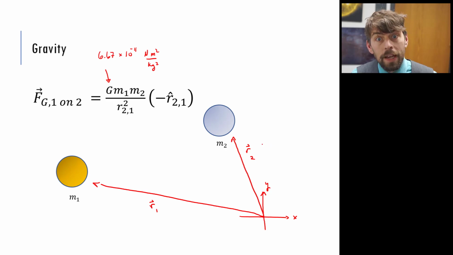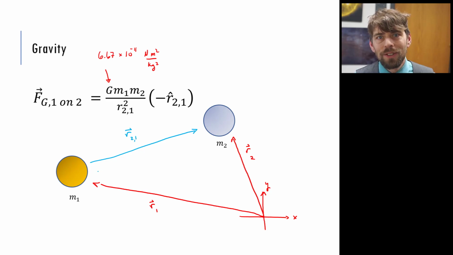Now here's the trick: r21, what I have drawn here, is the position of 2 with respect to object 1. In other words, and I'll do it in a different color here for us, starting on object 1, r21 is this blue vector, the relative position vector.